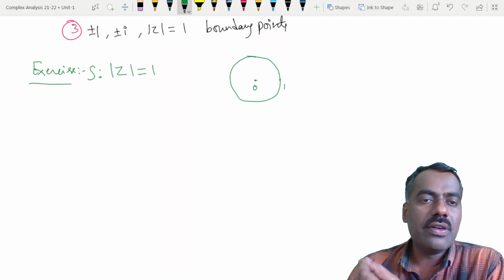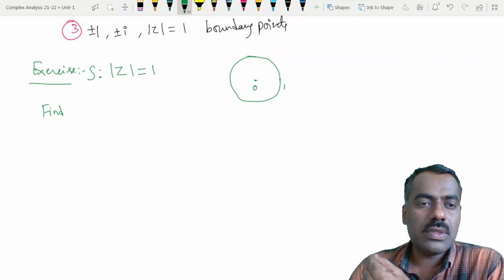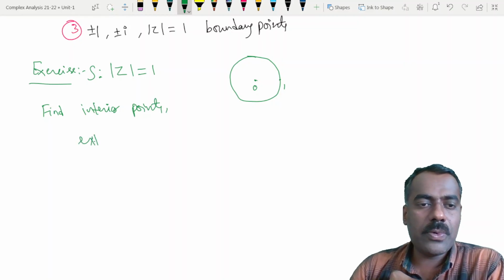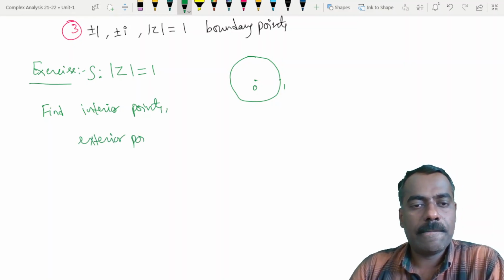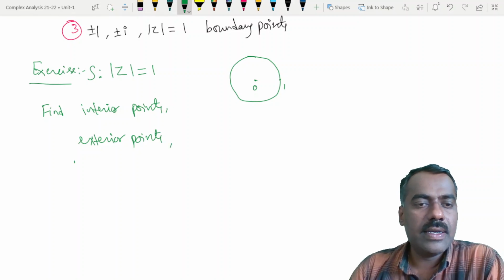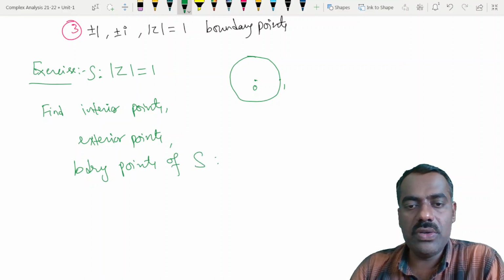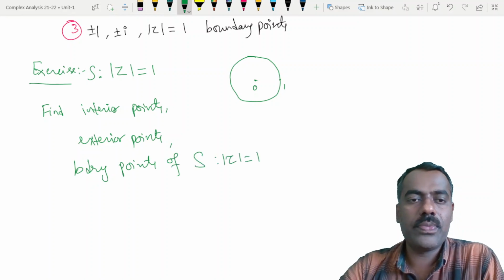Find the interior points, exterior points, and boundary points of this S, which is the unit circle mod z equal to 1.